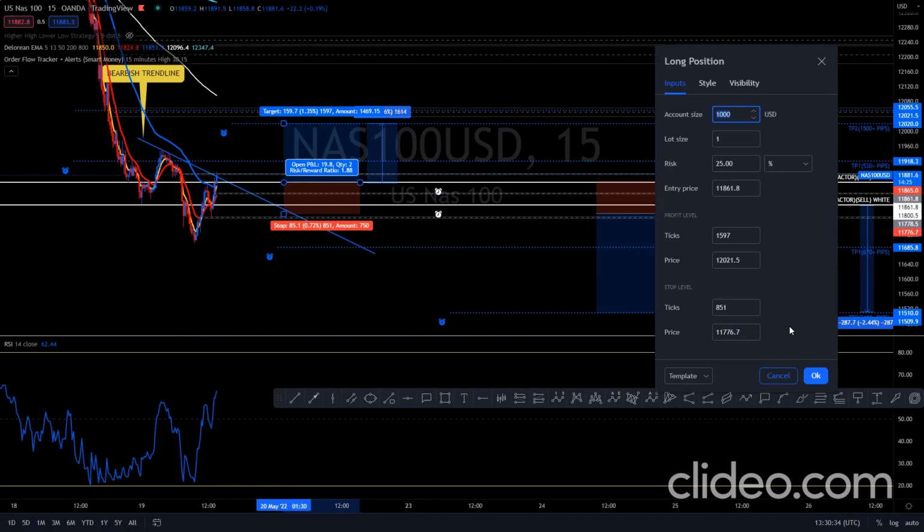I'm going to put in for 117.76.7. It might come up and grab that liquidity and come down. So I'm going to have to wait for it to bust through there. 115.20.